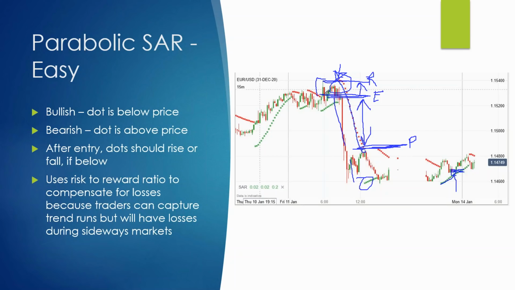Do you see how small this is compared to what this is? That's what risk to reward is all about. Because this move right here will compensate when you do have the losses. So this is one reason I like the parabolic. It kind of teaches you to have more on the reward side, which is your profit side, versus your risk side. Everybody understand that?